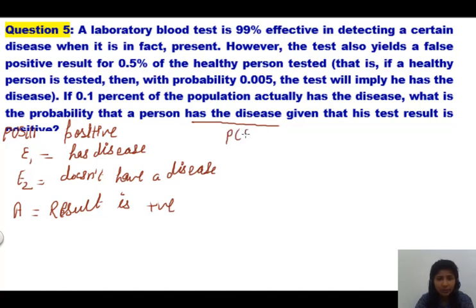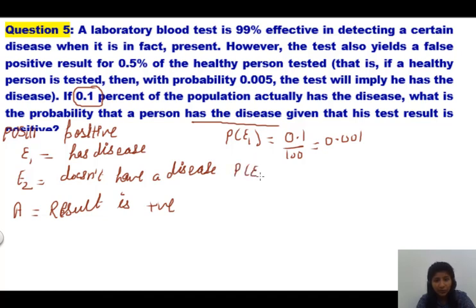So let us find out what will be the probability of E1, that the person actually has the disease. It is very clearly mentioned here, 0.1% of the population actually has the disease. So 0.1 upon 100, that gives me 0.001. So this is the probability of people having the disease.